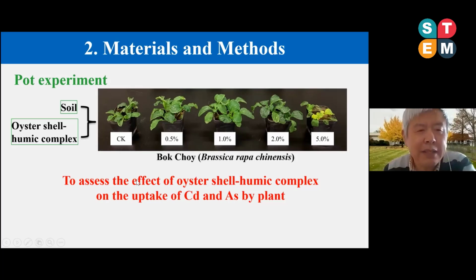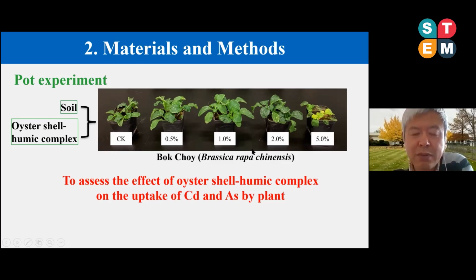So the next part is we did a pot experiment. We mixed the contaminated soil with the soil amendment, or the shell humic complex. And this complex was added to soil at different dosages. This is a control with 0%, then 0.5%, 1%, 2%, up to 5%.